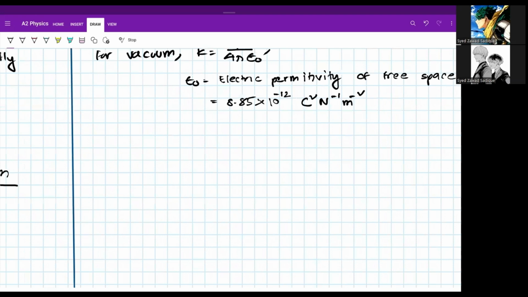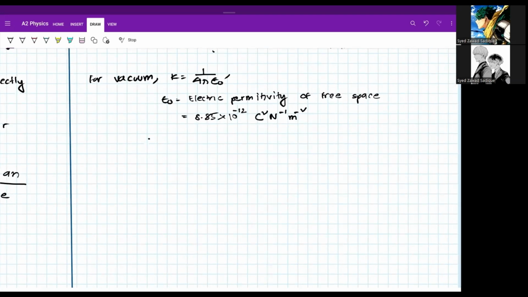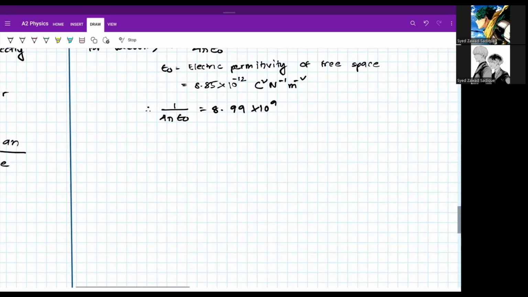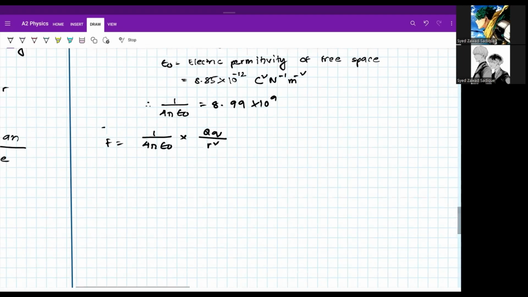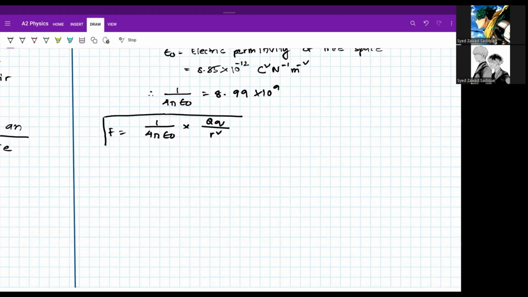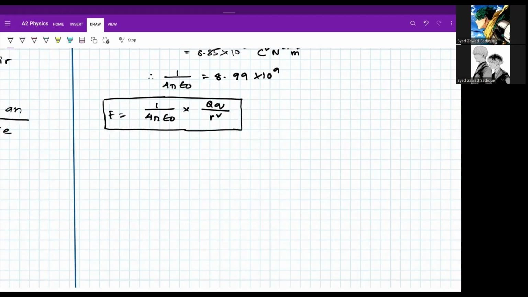However, you don't have to remember the whole value, because you can just remember that 1 by 4 pi epsilon naught is equal to 8.99 times 10 to the power 9. Therefore, force is equal to 1 by 4 pi epsilon naught times Qq by r squared, where the unit is Newton.